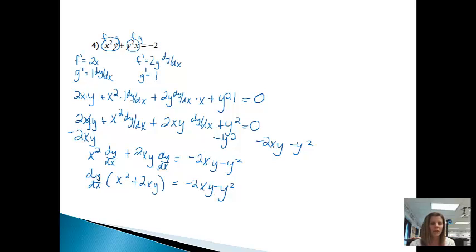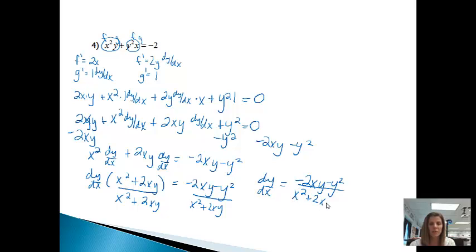And then from here, since x squared plus 2xy is multiplied, we will divide both sides by x squared plus 2xy. So my final answer will be dy/dx equals -2xy minus y squared all over x squared plus 2xy.